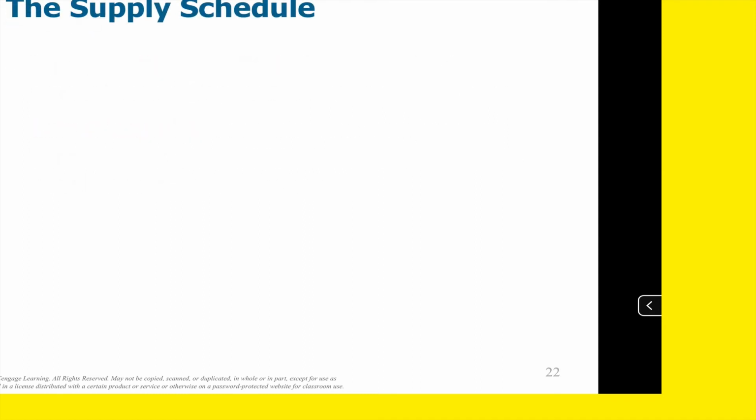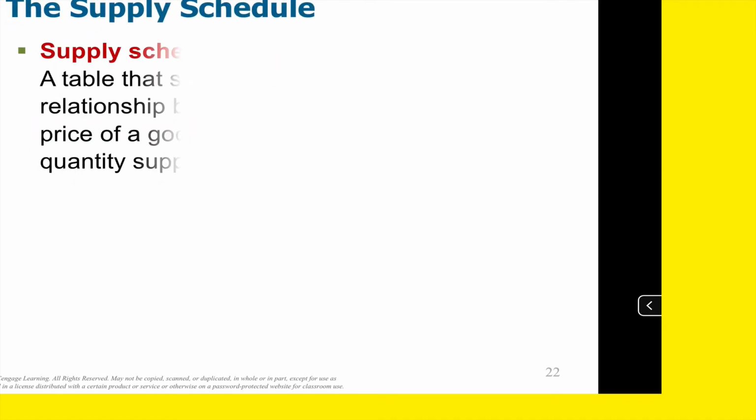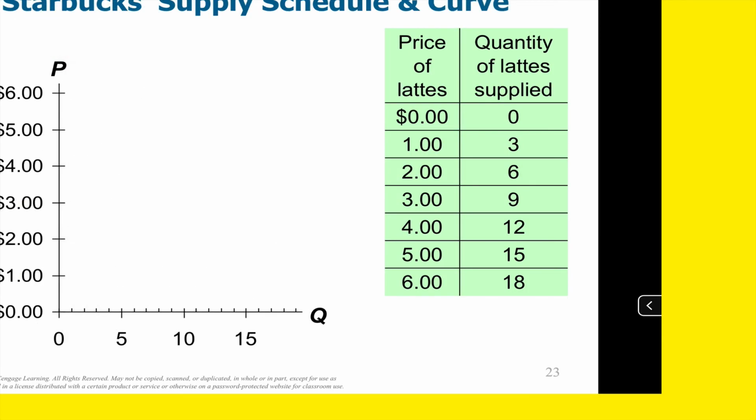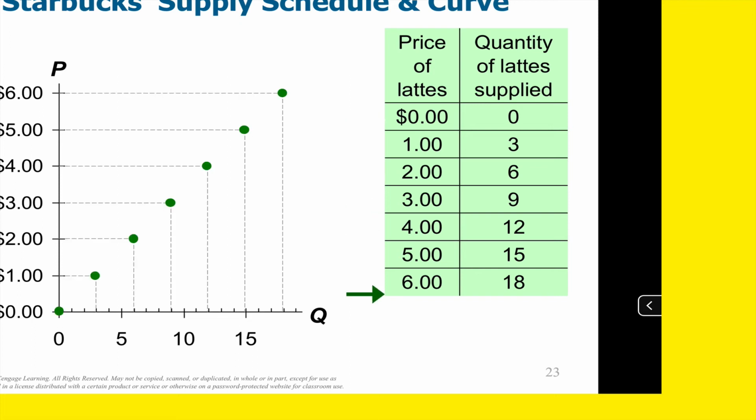All right. So, graphing it. Just like a demand schedule, right? I don't need to go through this step by step. With a direct relationship between price and quantity, we end up with a curve that goes the other way.